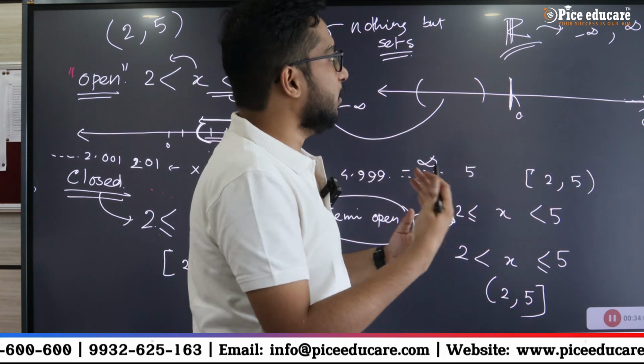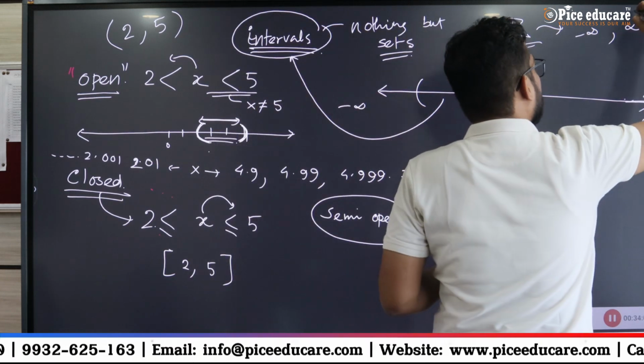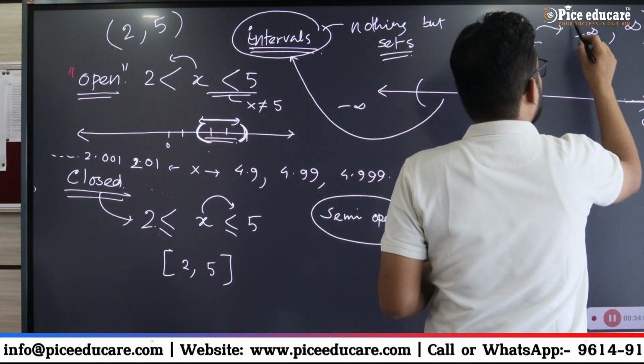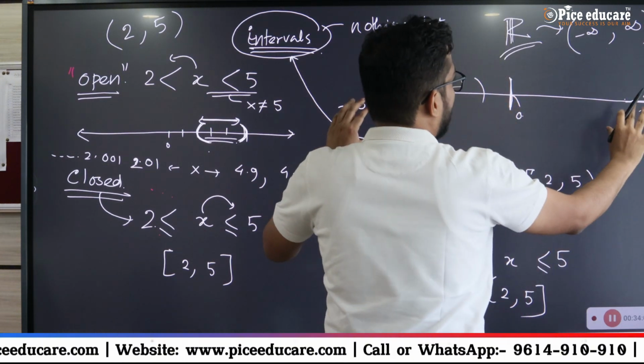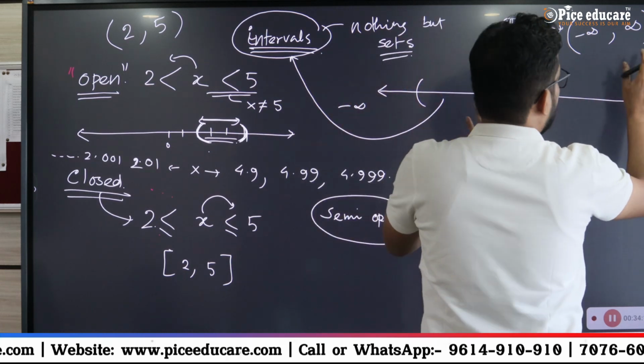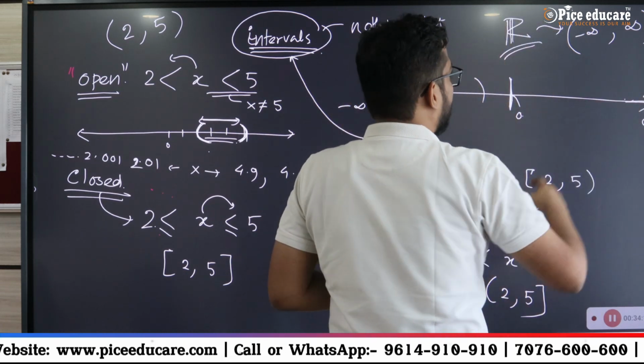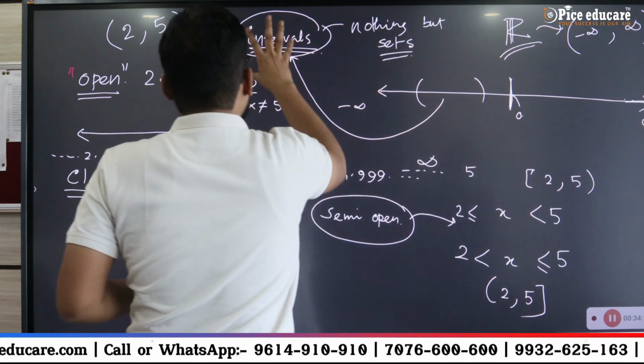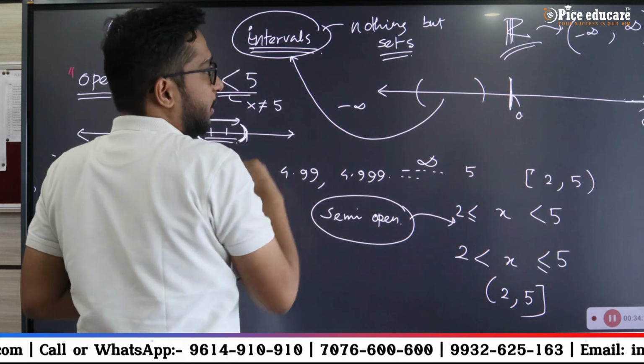It's a never-ending thing. So that's why you should always put a round bracket when you are talking about the whole real line. In that case, it's an open interval. So this is a set, the whole set, and these intervals are a part of this set.